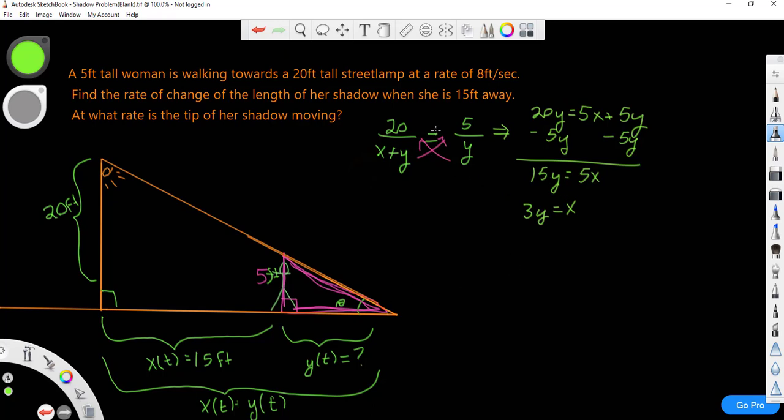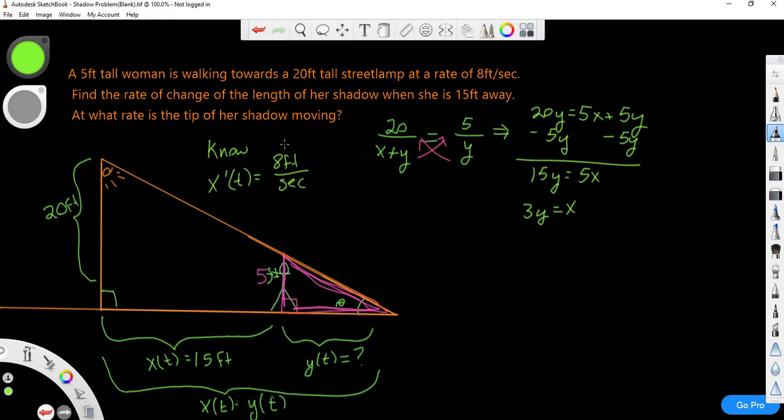Now remember, I wanted to know the rate at which her shadow is changing, and I know that this distance, x of t, is changing at a rate of 8 feet per second. So we also know that x prime of t, the rate of change, remember that's what the derivative is, is 8 feet per second.